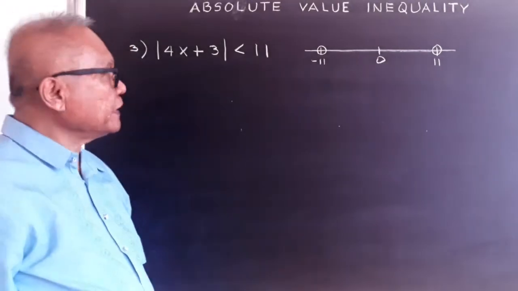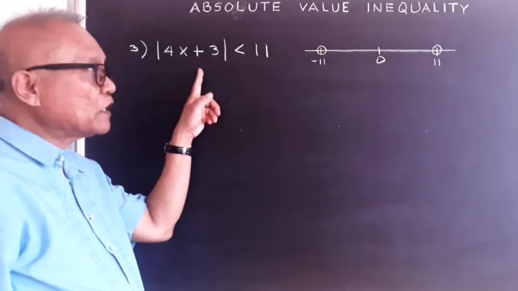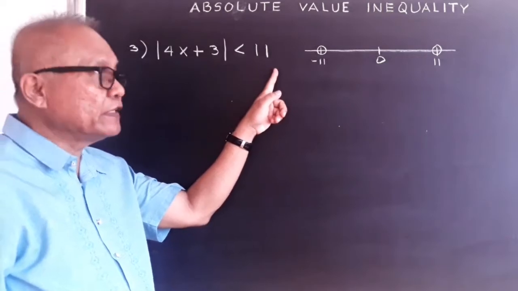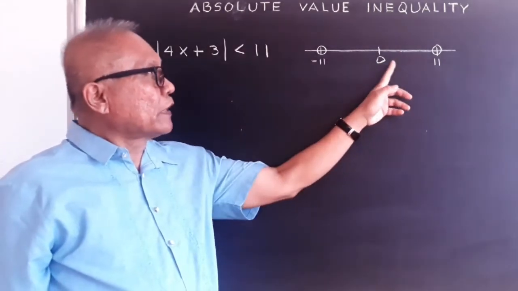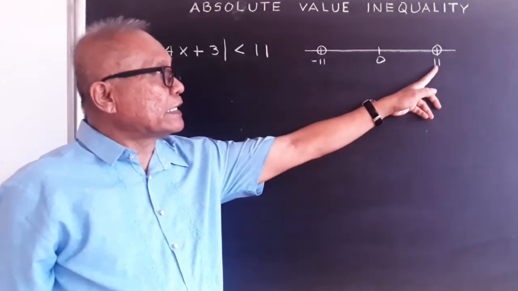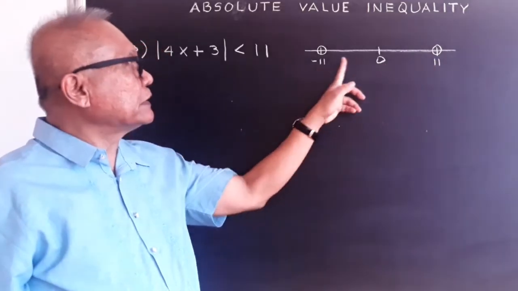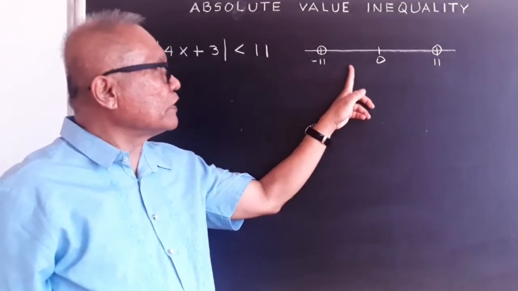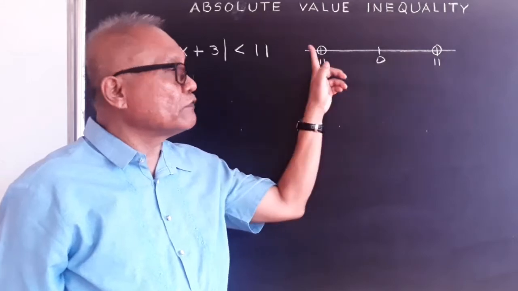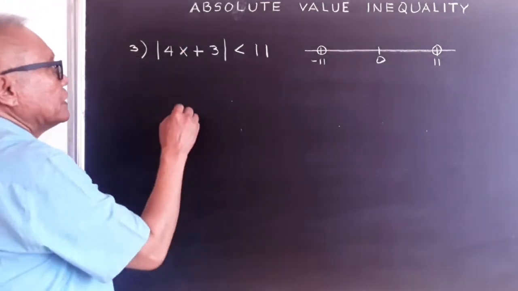Okay, let's have number 3. We have our absolute function is less than 11. Meaning our function is less than 11 and greater than negative 11 on the left. Okay, let's solve this one.